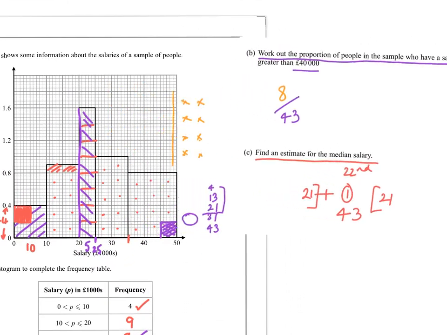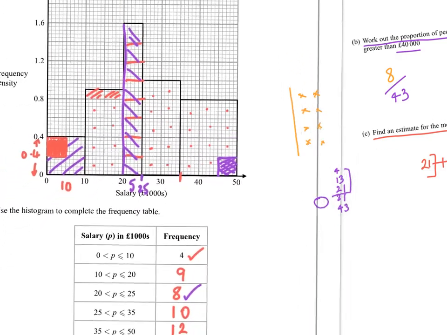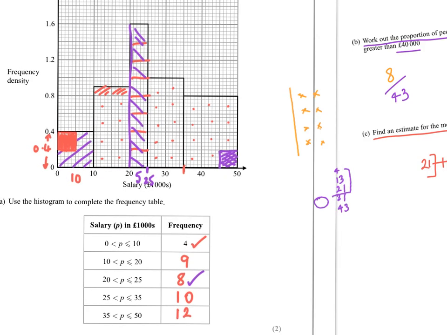So let's get some of this other stuff out of the way, and let's just get to the 22nd person. Just counting again, 4, 13, 21. So the 21st person has the first 3 bars taken care of. We just need one more person's worth, and that's going to be these 5 strips of 5 little squares, because that's going to make one extra person.